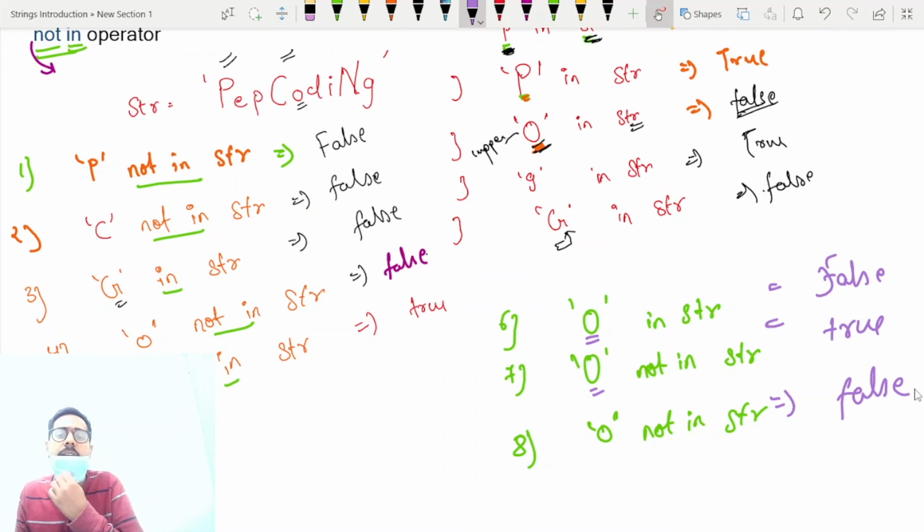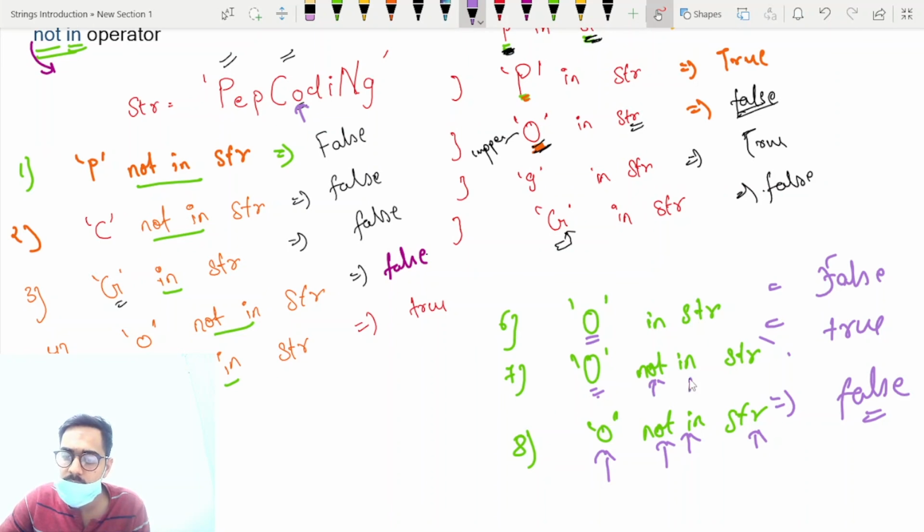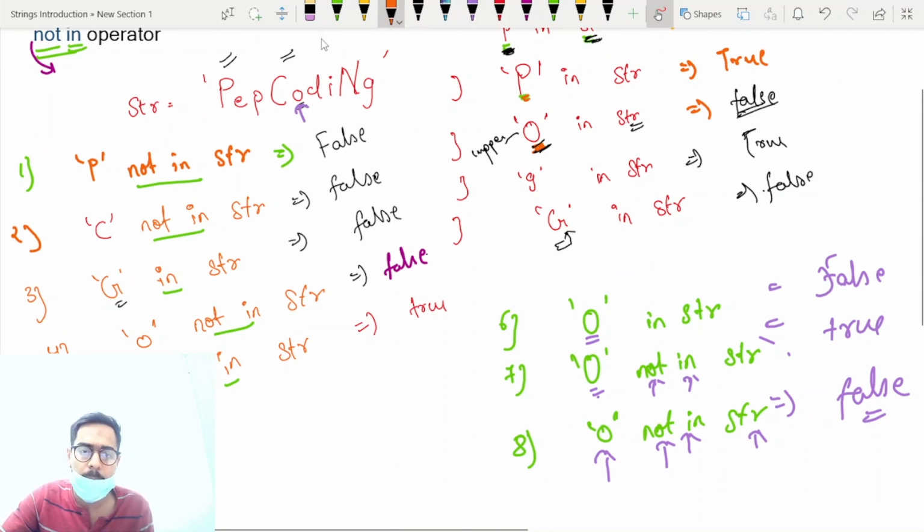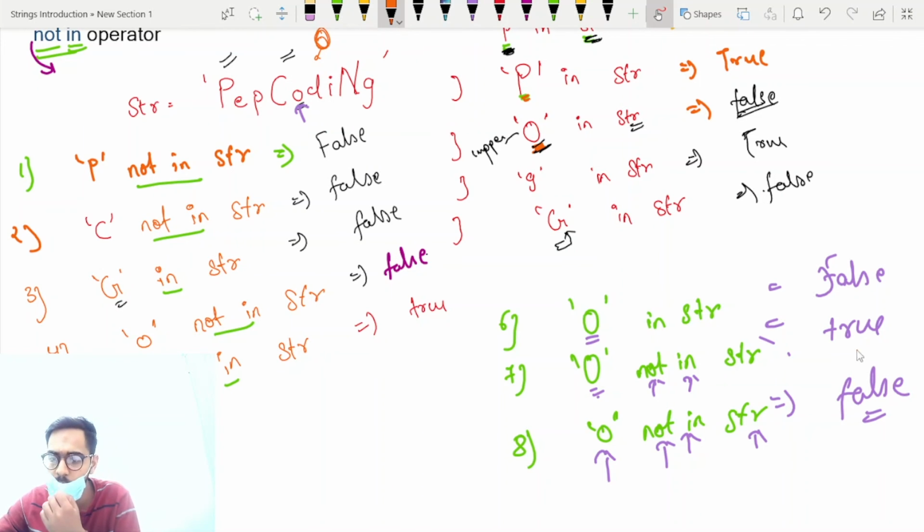So yes, sometimes it may get tricky, but just try to expand that code and make a sentence. O not present in str, and then it becomes easy to check. But O is present, so it will give you false. Capital O not in str. Yes, this statement is true because capital O is not present in str, so it gives you true.